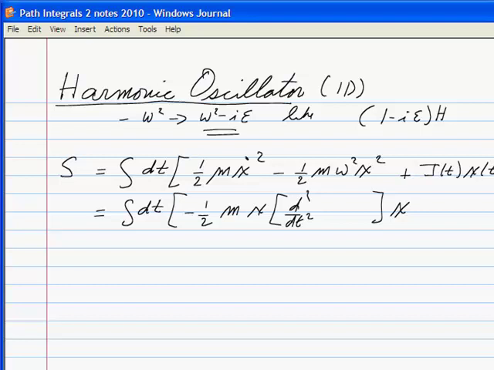So instead of having x dot times x dot, I have a second derivative on one of them. It could be acting either to the left or the right. It doesn't make any difference which way it acts. But the advantage of doing this is then I get plus omega squared as the potential piece. So there's x, minus d squared plus omega squared, x is the Lagrangian part. And then I have the plus j x piece sitting there.